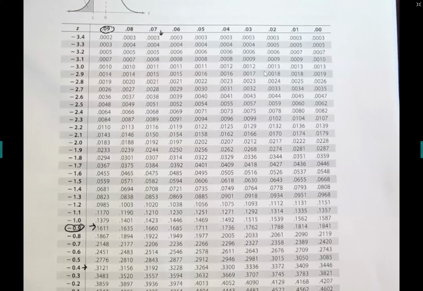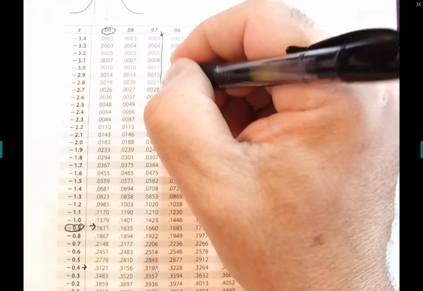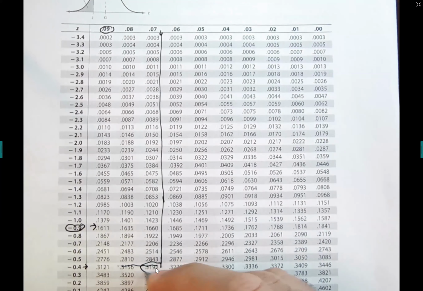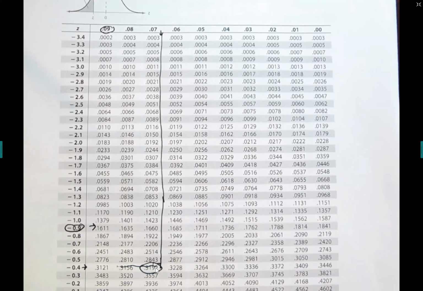Let's see. 0.47. And it is indeed 0.3192. Yes, let me show you. You go this way and that way. They meet right here. 0.3192. Yes, that's the answer. All right.